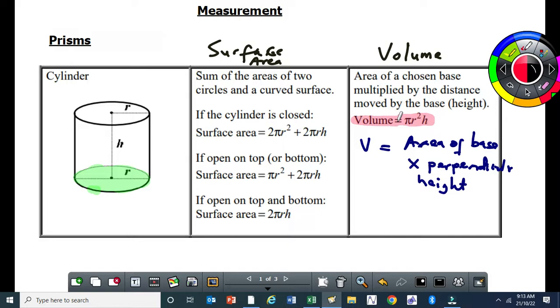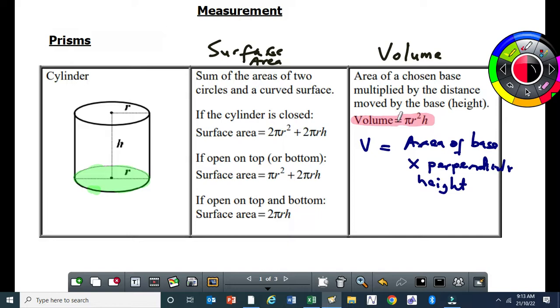Okay? So I've got my cylinder here. If I unfold this, right? Remember, when it's a cylinder like that, the top is a circle, the bottom is a circle.